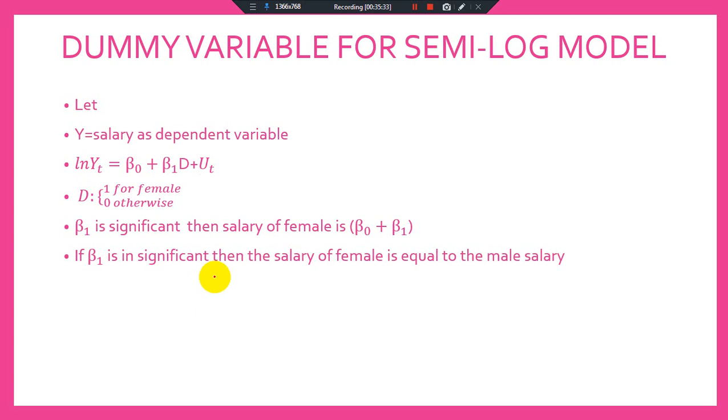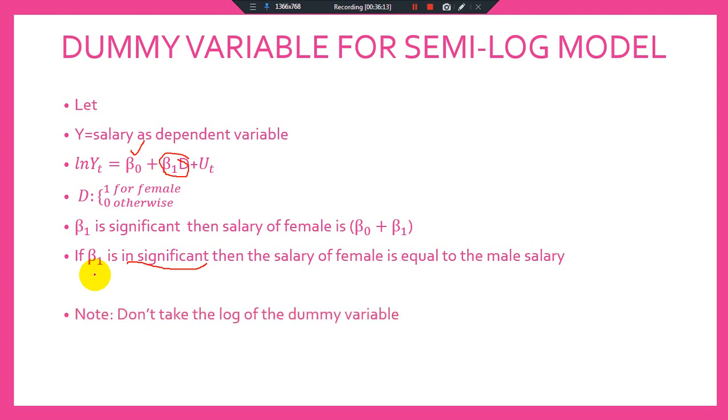If beta 1 is insignificant, sorry for the mistake in writing here, then the salary of a female is equal to the male salary. Like we have 0 here, it means that beta naught is representing the male salary. Then if our beta 1 is insignificant, the male and female salary become equal to each other.